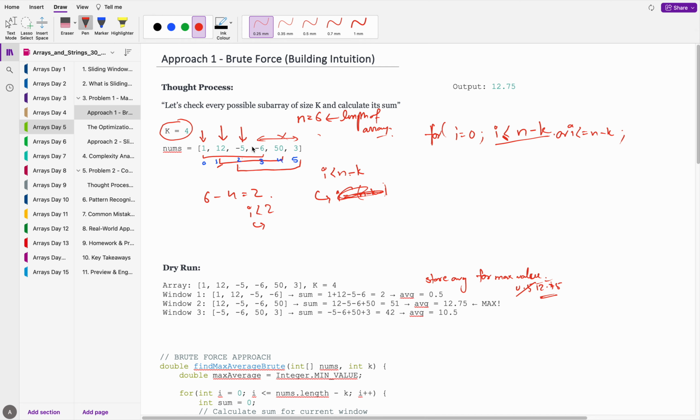है ना? यहाँ पे you need to find this pattern. K की वैल्यू क्या है? Because everything is numbers here, है ना? N की वैल्यू 6 है, K की वैल्यू 4 है, and because the window is of size 4, you can't go beyond index 2, because after that you have only 3 items. So this size of the window is certainly impacting till where you can iterate in your array.